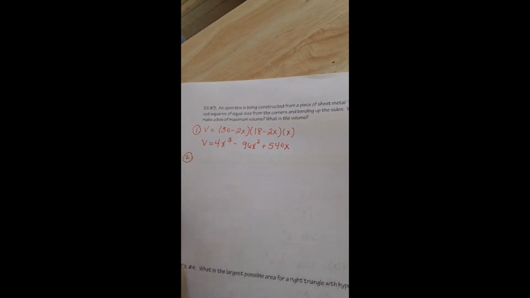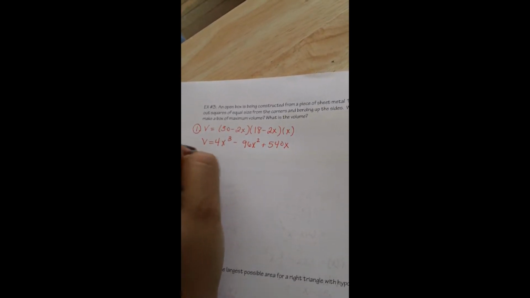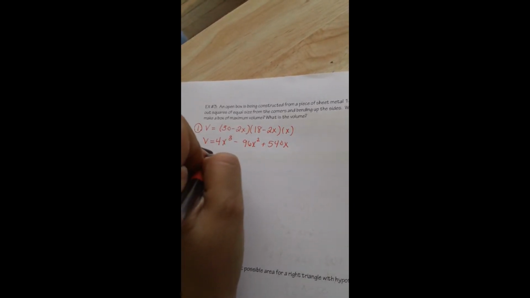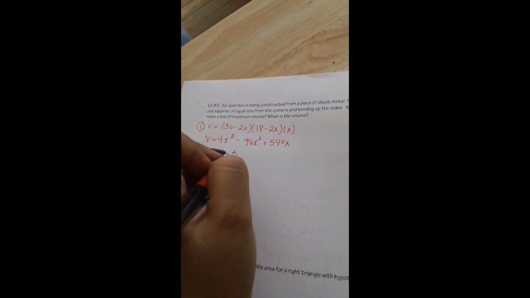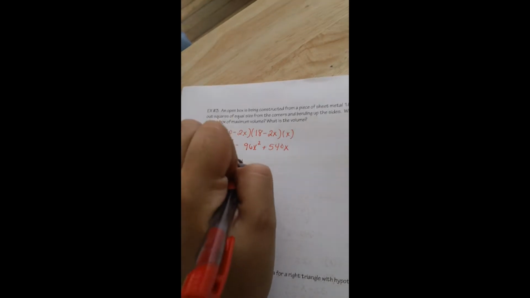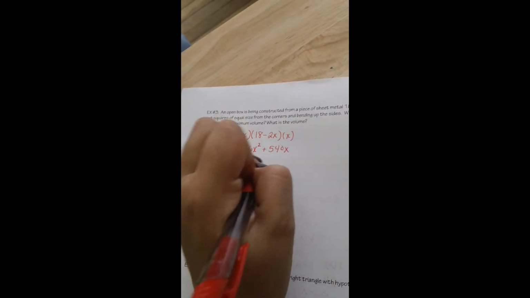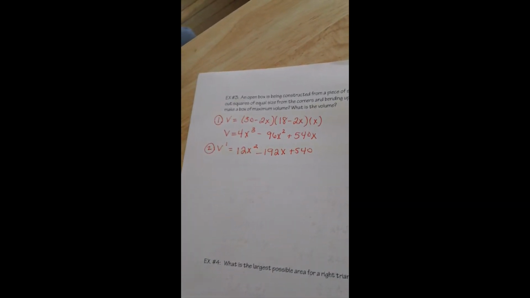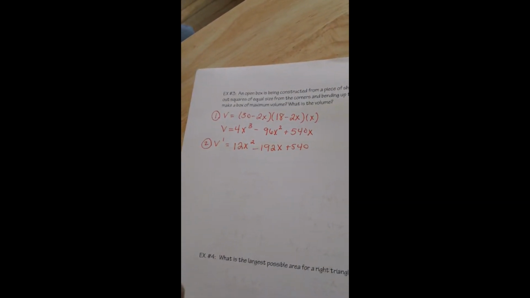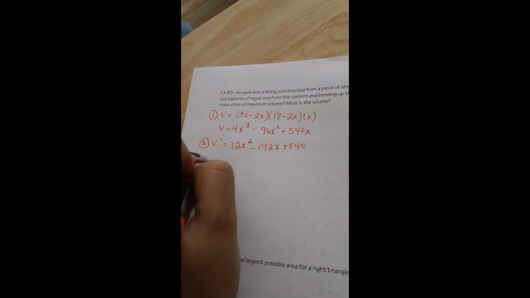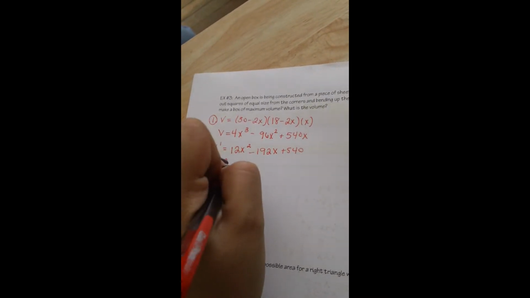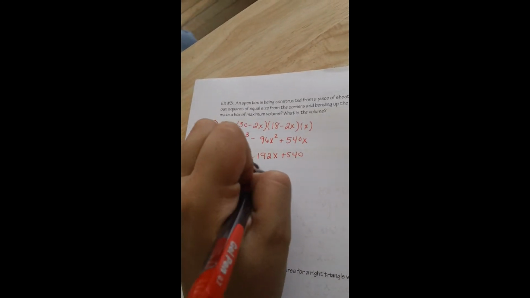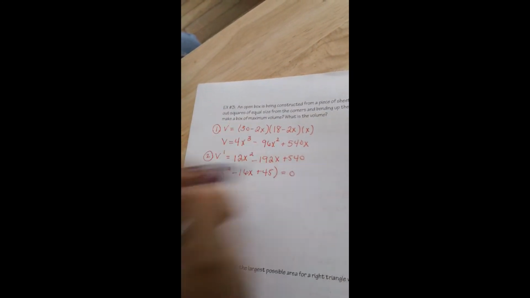Our next step will be to take the derivative, which will be 12x squared minus 192x plus 540. We can actually factor out a 12 from all the terms. Set it equal to 0.